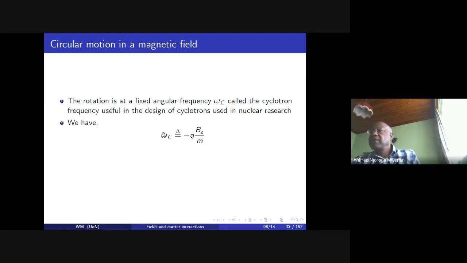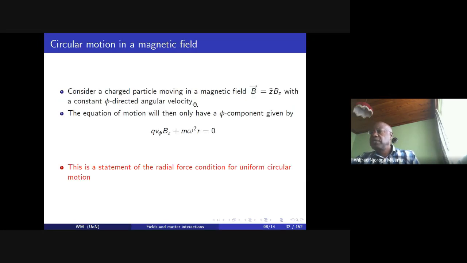The cyclotron frequency is given by minus q B_z over m, and this comes from the radial force condition equation that we have here.